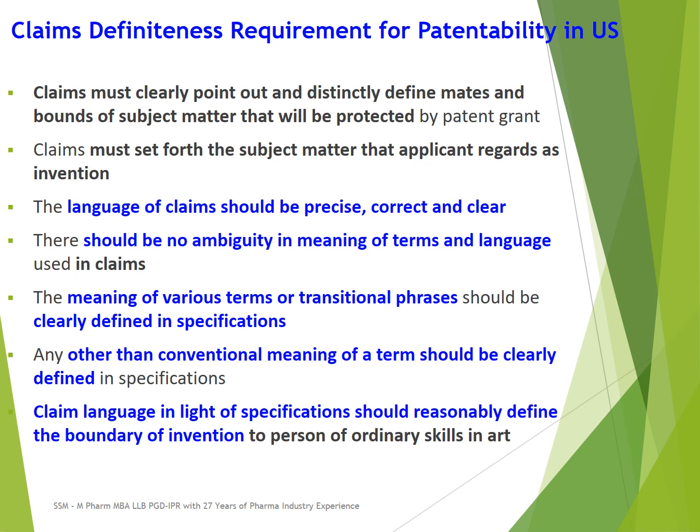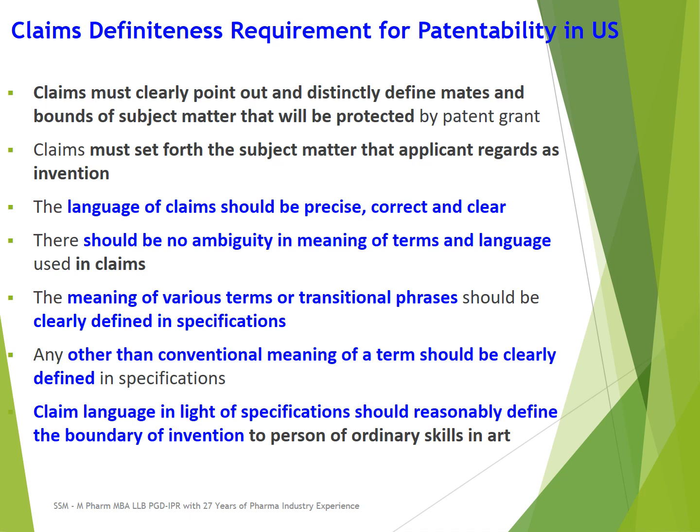So you have to mention the subject matter which you want to protect in a very precise, correct and clear manner, and your language should distinctly define the bounds of the subject matter, and should clearly point out what you are claiming. The claim must set forth the subject matter that the applicant regards as an invention.